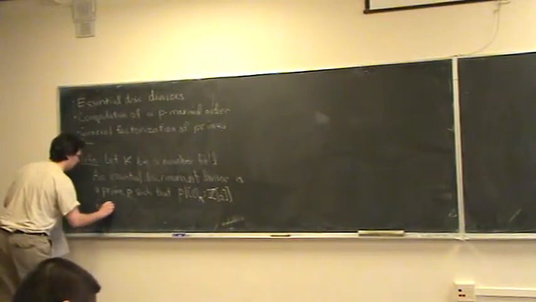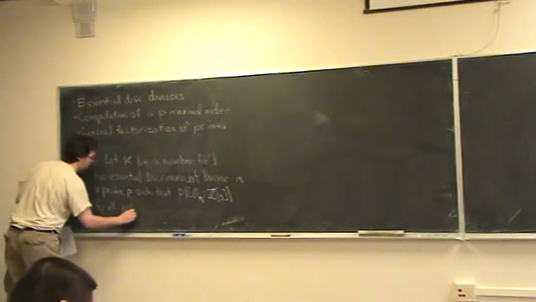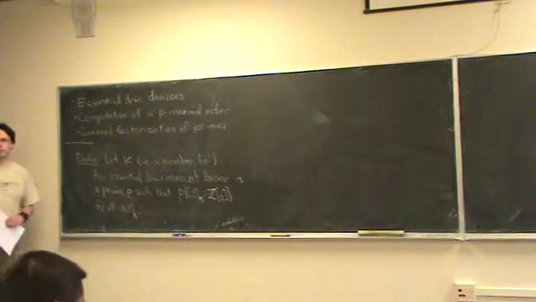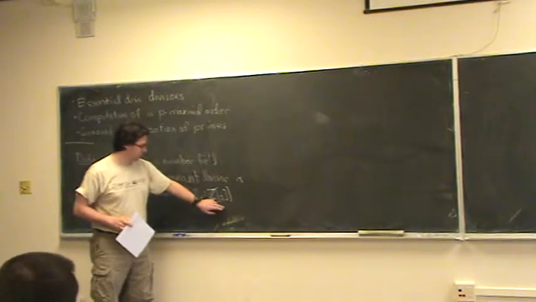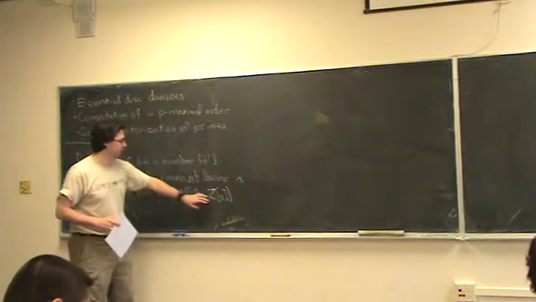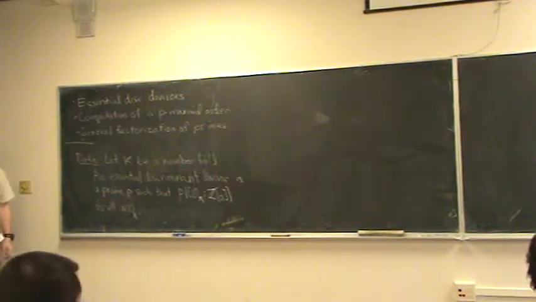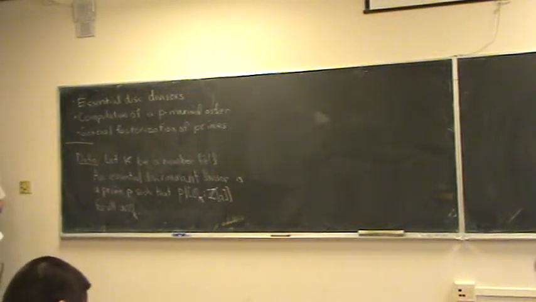So this is for all A in O_K. In other words, no matter what element you choose in the order to generate some monogenic order, the index is still divisible by P. So that's called an essential discriminant divisor.